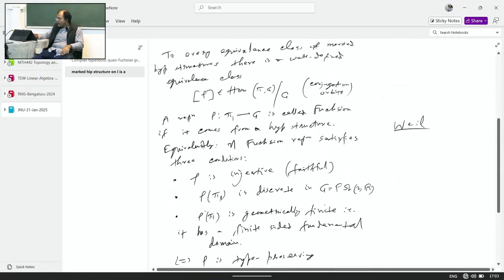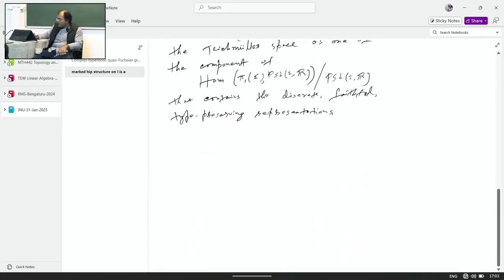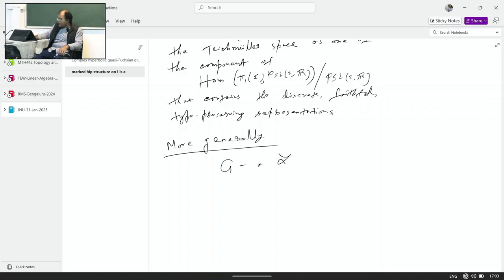More generally, I am taking a slight digression here. You take any Lie group. If you don't know Lie groups, don't worry. Take any linear matrix group, a closed subgroup of GLnC.